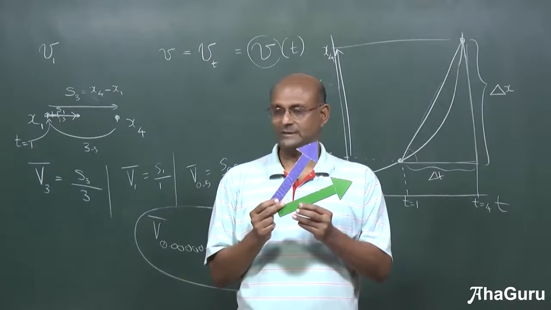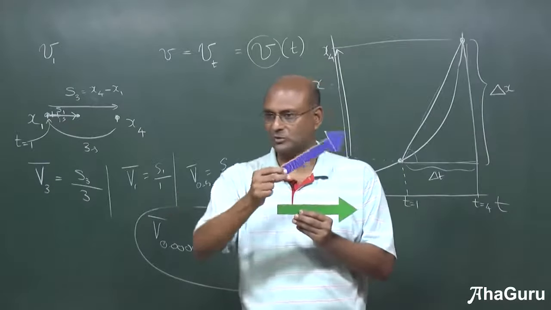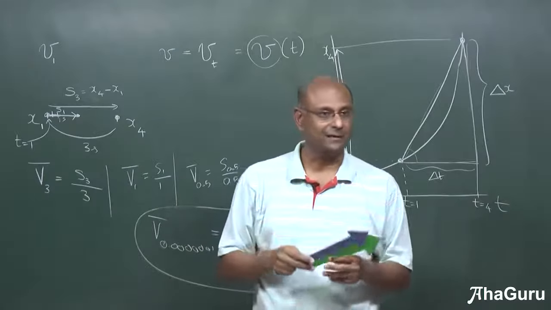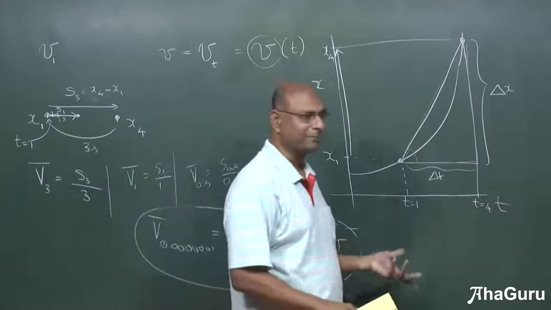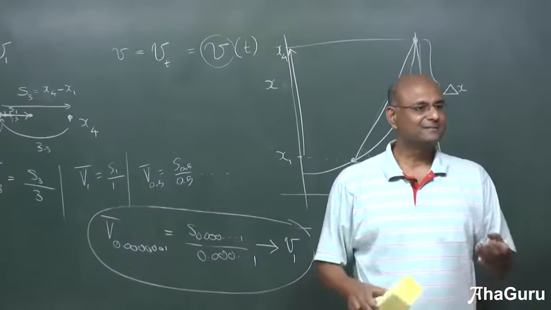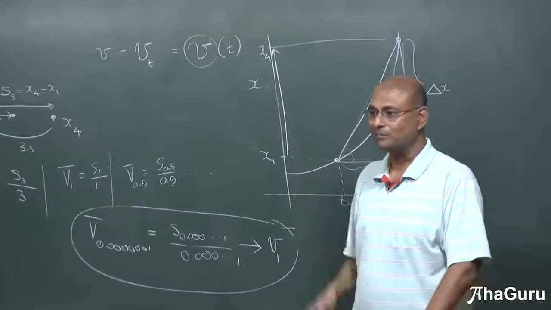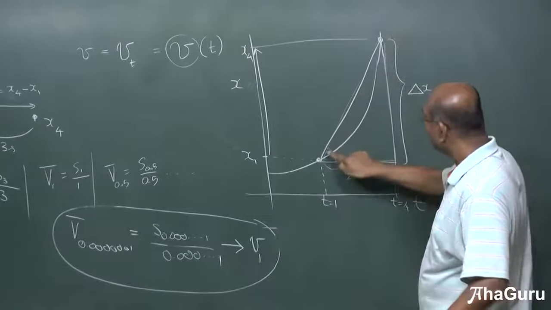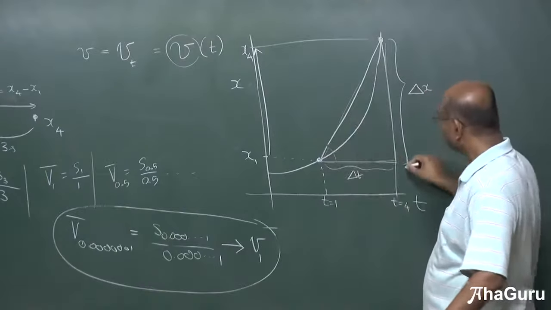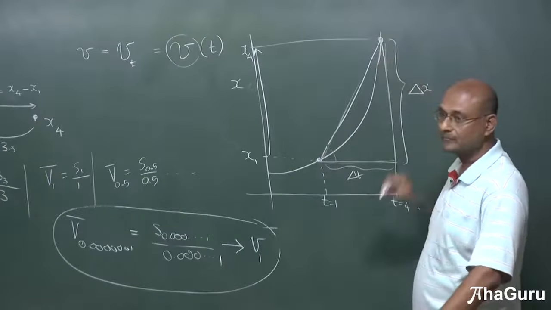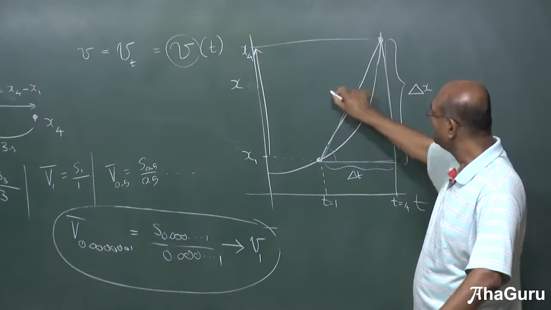Blue line. Which has a lower slope? Green line. More slope means more tan theta. Slope is the same as tan theta. Then why can't people just call it tan theta? They like to confuse people. So we use one extra word for tan theta, we call it slope. So this tan theta with the x-axis is basically the slope. So this divided by that is the slope of this line. That is the average velocity for these 3 seconds.